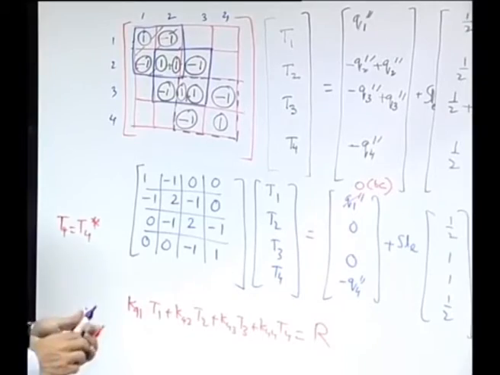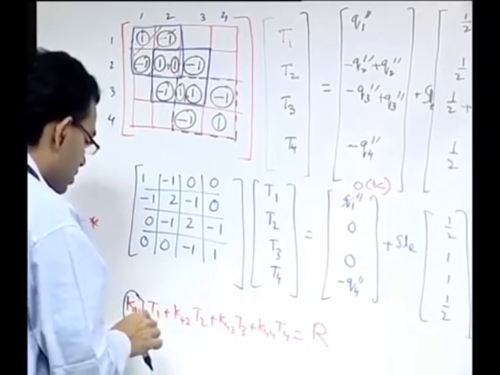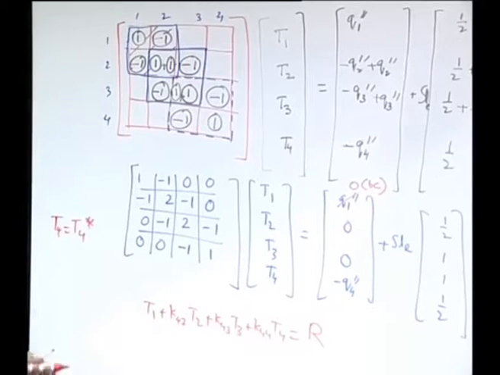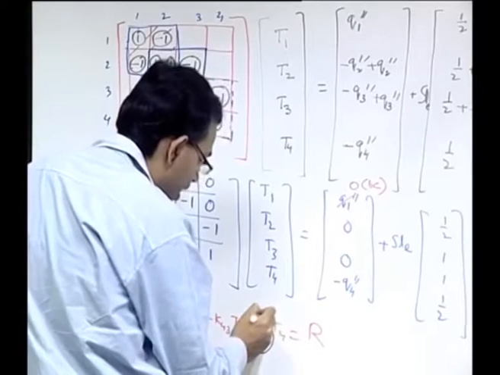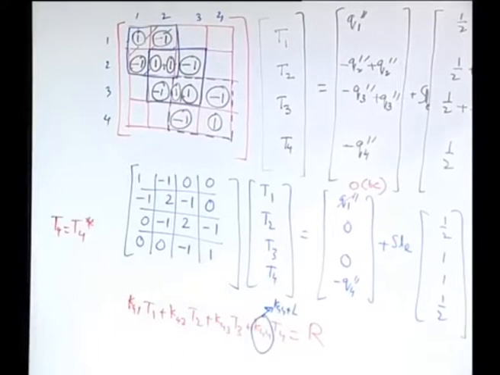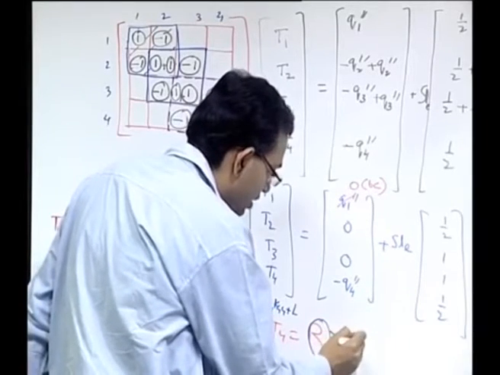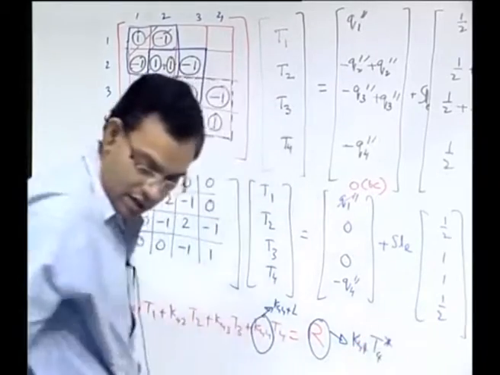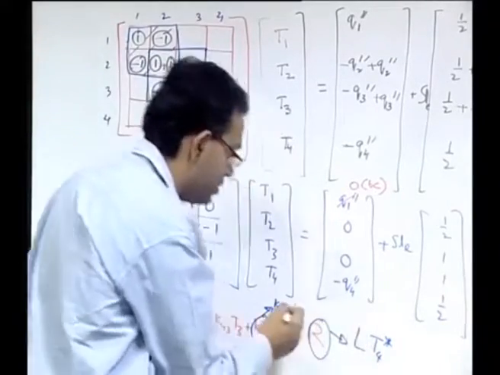What we will do? K41 remains as it is. We will replace K44 by K44 plus L, where L is a large number, and we will replace R with L times T4 star, the same large number.